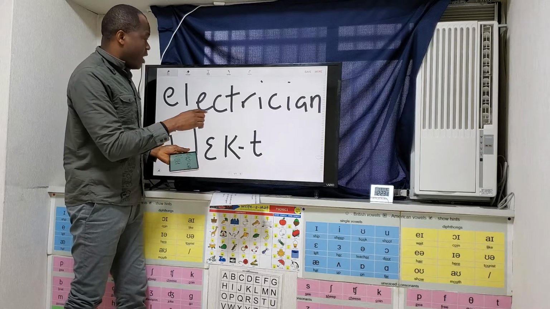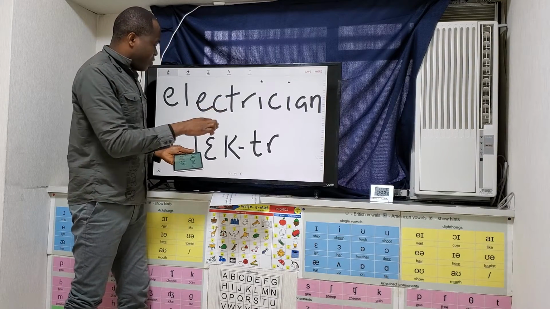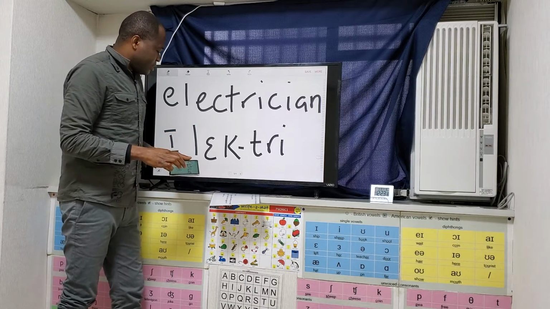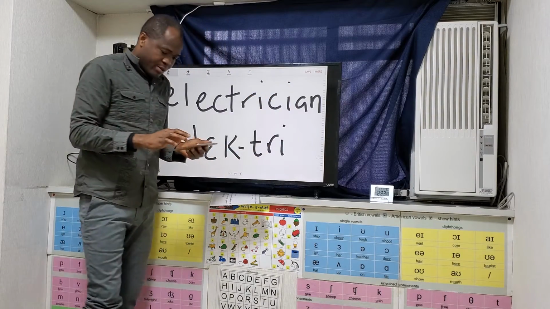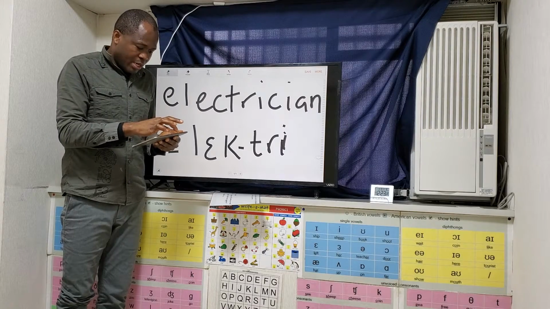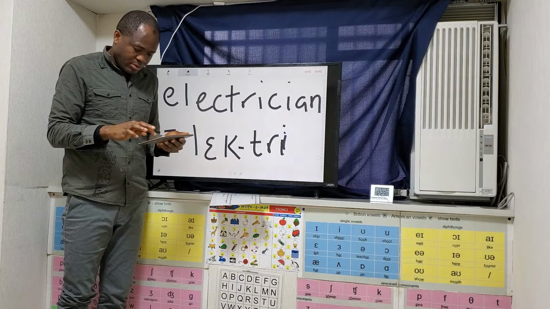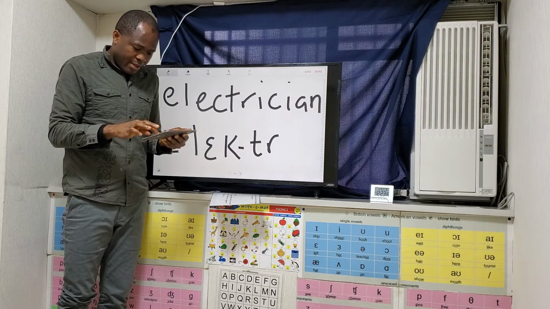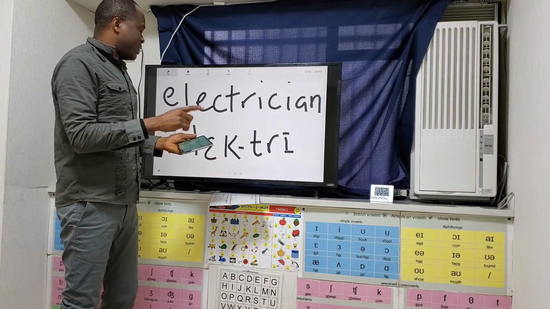Then we have our R, which doesn't change. Then we have our I, which doesn't change. So this becomes a vowel sound. Let me clean that part. Good. So electric. Then let's bring the shen.